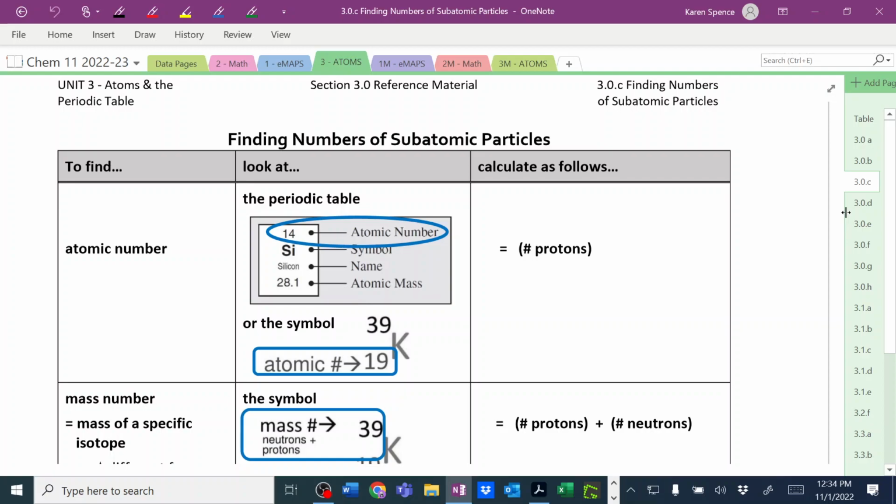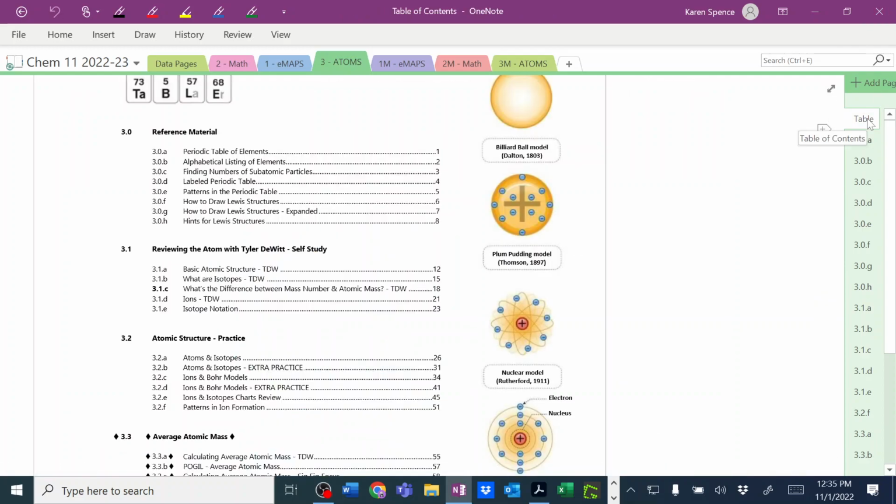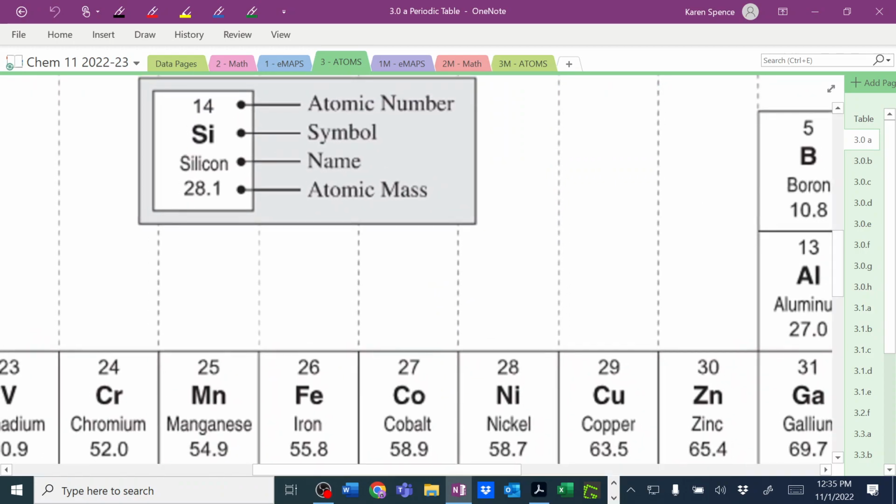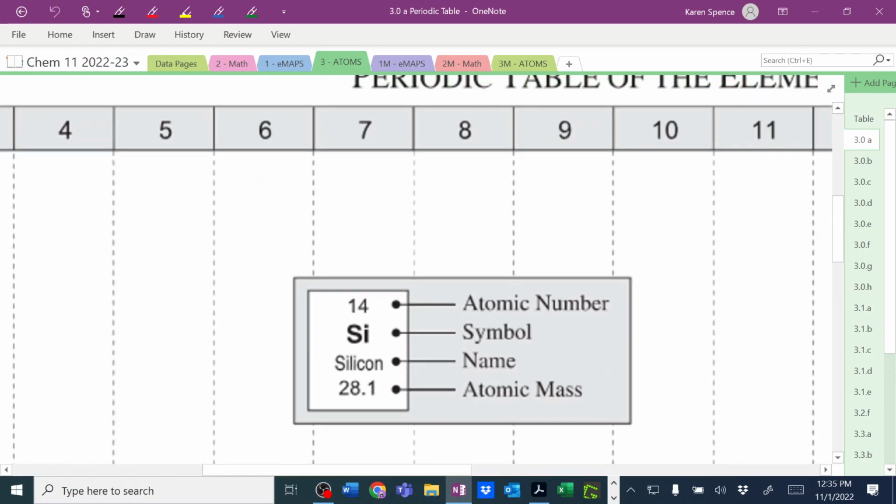Well, this one tells you that if you write the potassium like this, what goes at the bottom left? The atomic number. And where do you find the atomic number on the periodic table? At the top, which also, if you forget, on your periodic table, well, look at that, it labels it for you. Yes?